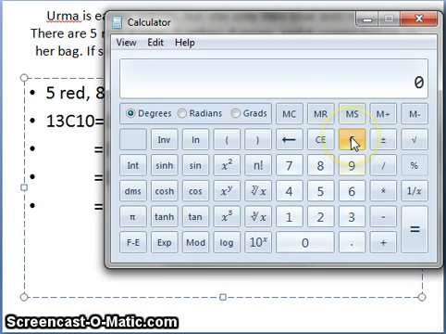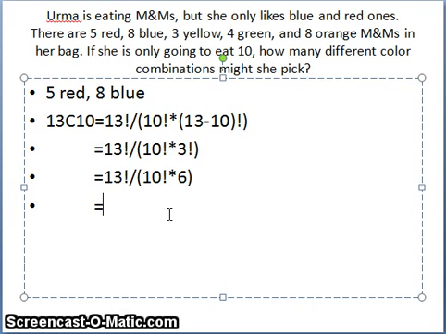So 13 factorial divided by 10 factorial, which is this, divided by 6. 286. So there are 286 different color combinations she might pick.